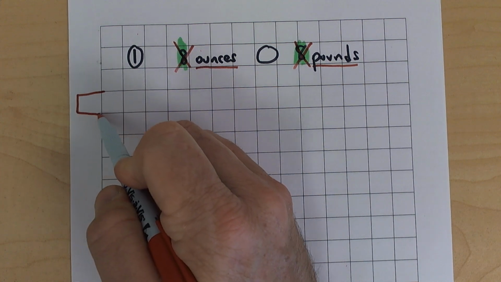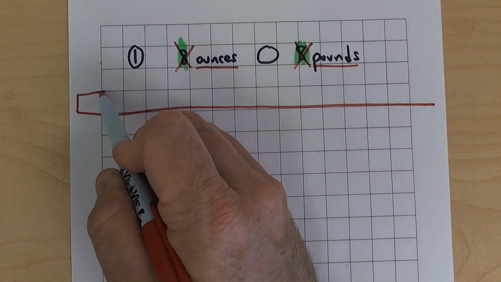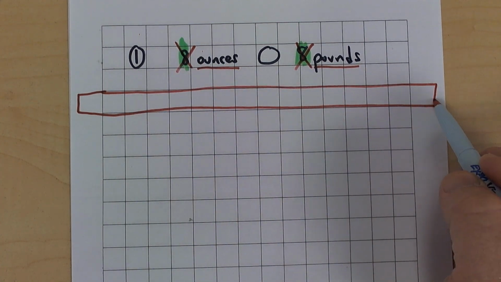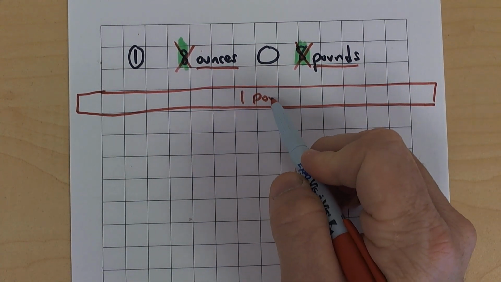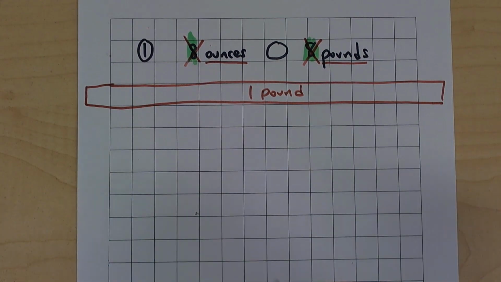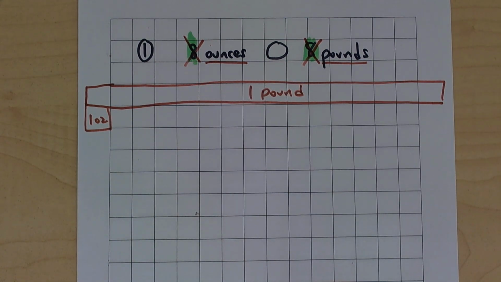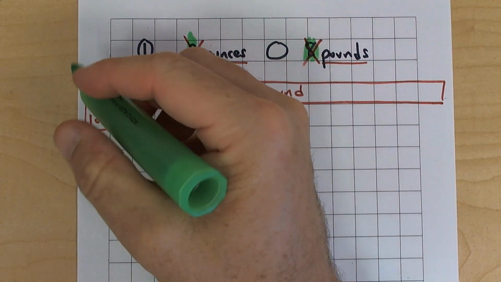We'll draw this. 1 pound would be like a bar that's this long. 1 ounce would be like a bar that's this long.